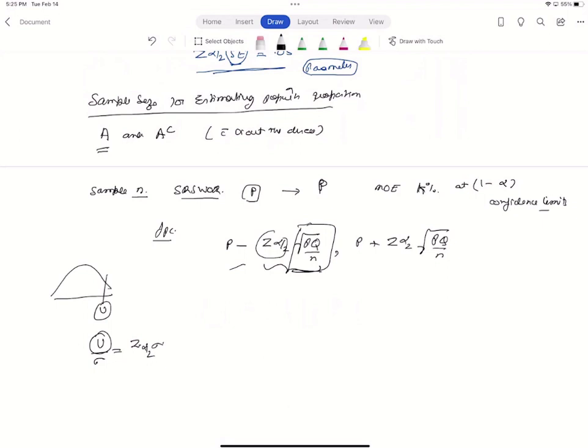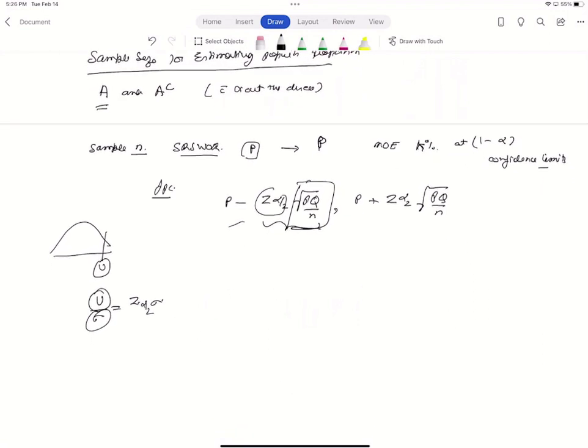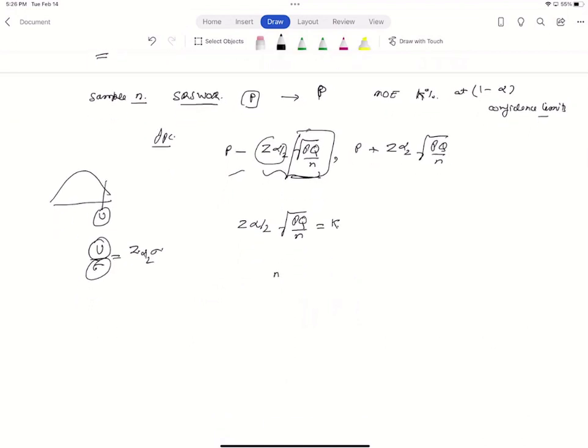So the main important thing is how do we calculate the sigma for a specific estimator of interest. Now we know from the prior talk that Z alpha by 2 times root of pq by n is equal to K, and then we can simplify this, and you get n equals pq Z squared divided by K squared, where q is just 1 minus p.